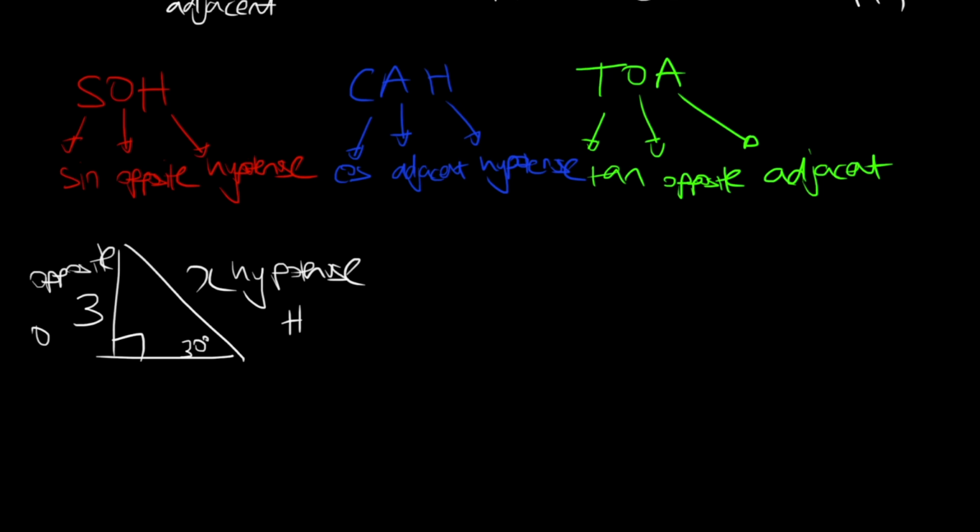Now let's have a look at another example. It's not always the case that the right angle has to be in that particular space, and it's not the case that the given angle has to always be in this particular angle. I could have it in this one here, so 45 degrees there, and this time I'm given this side here, 3, and I want to find this side here, x.